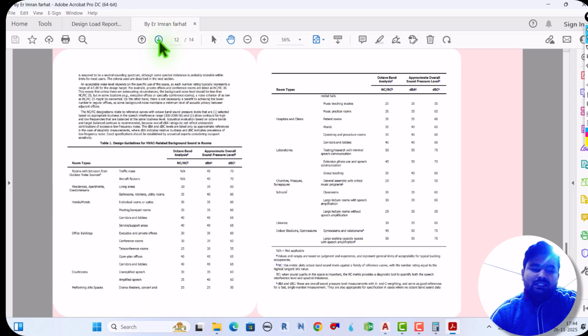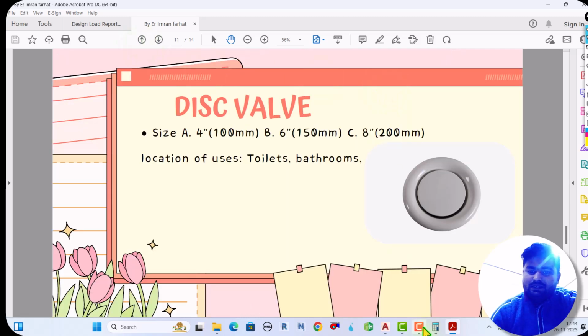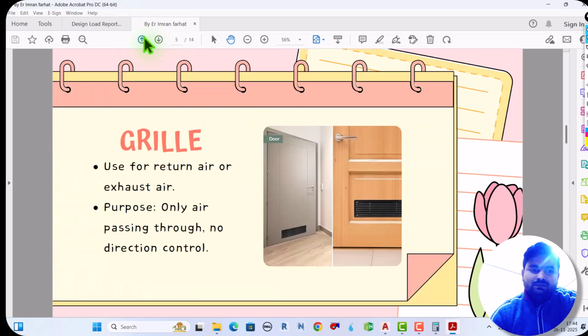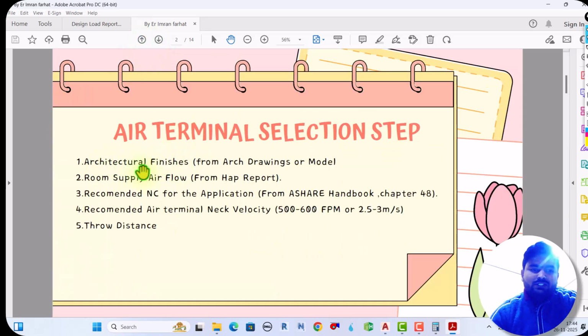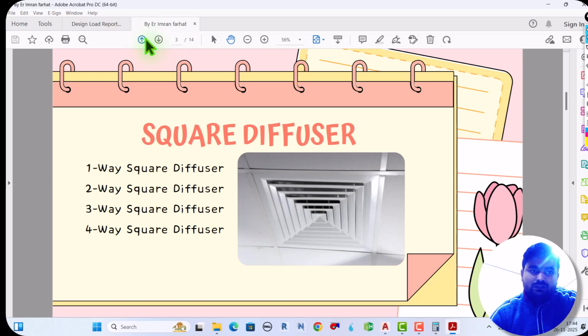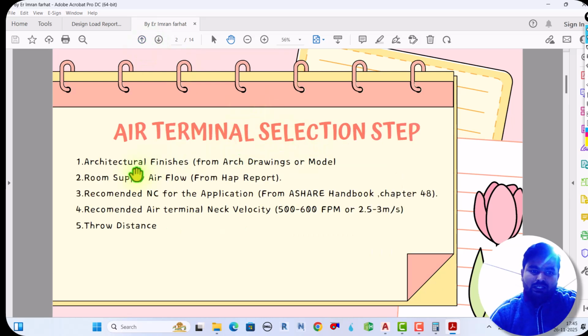The next is, this is the one I will explain. Let me explain here first. Okay, first one is architectural finishes. So we already explained about the diffuser, that how many types of diffuser we commonly use.